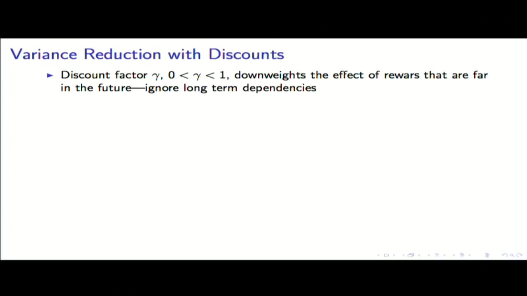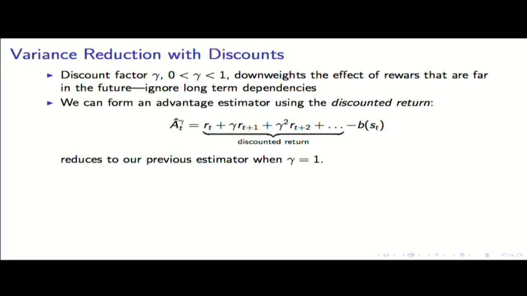Okay, so then let's think about discounts. The discount factor downweights the effect of rewards that are far in the future, so it ignores these long-term dependencies. By using a discount, you're not assuming that the rewards in the future are going to be small.